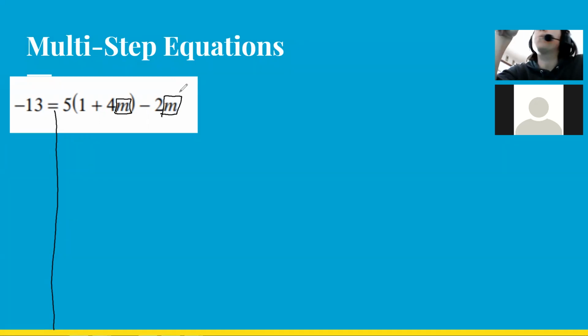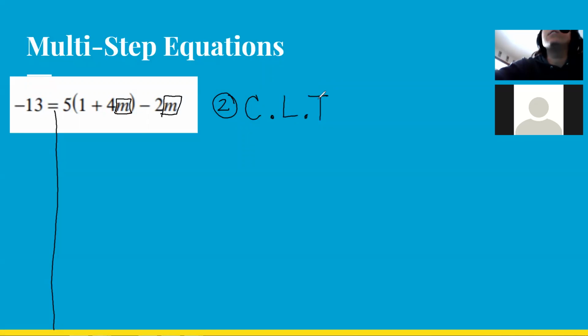Yes, that is an important step, but because we have parentheses, we have to do this other step first. I would say that's step 2. Yes, step one is distribute. We have to distribute first.